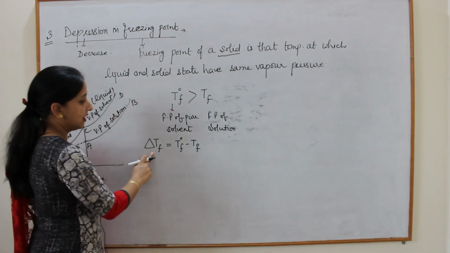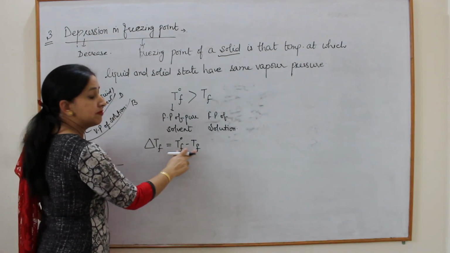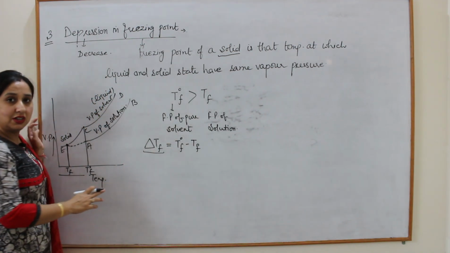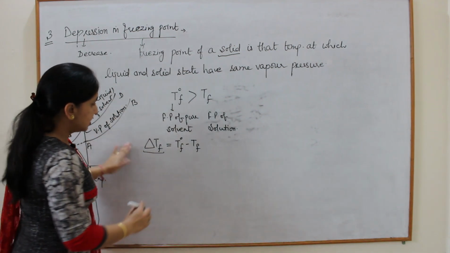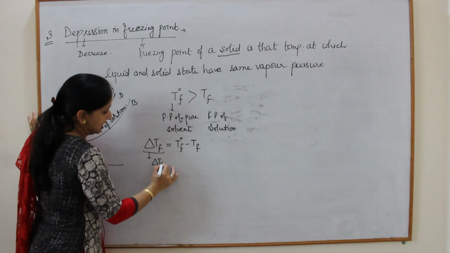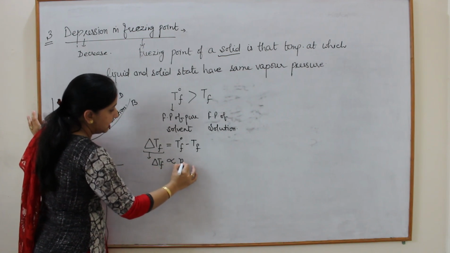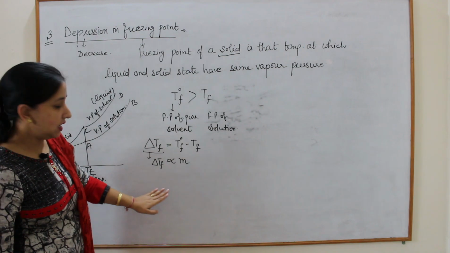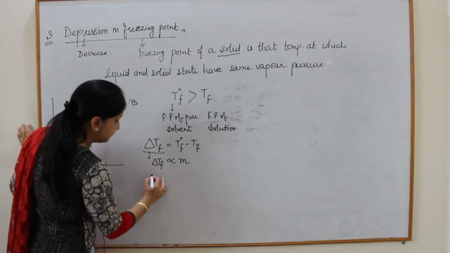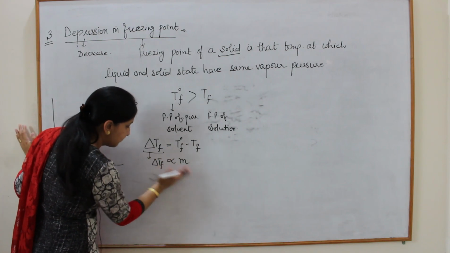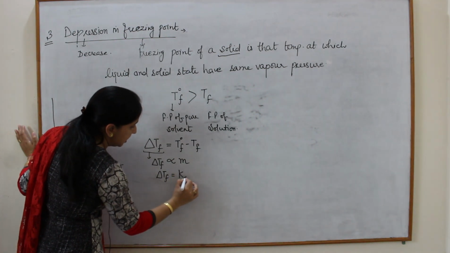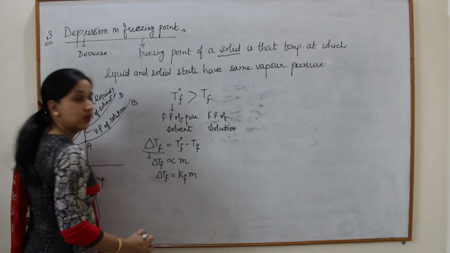So delta TF is equal to T naught F minus TF. This is called depression in freezing point. Again, experimentally it was noticed that this delta TF is directly proportional to the molality of the solution. So delta TF is equal to KF into m.